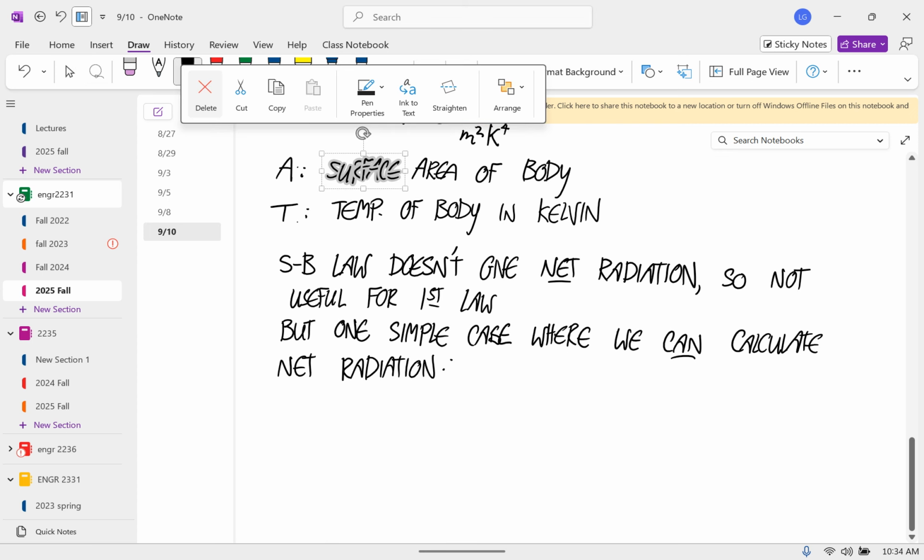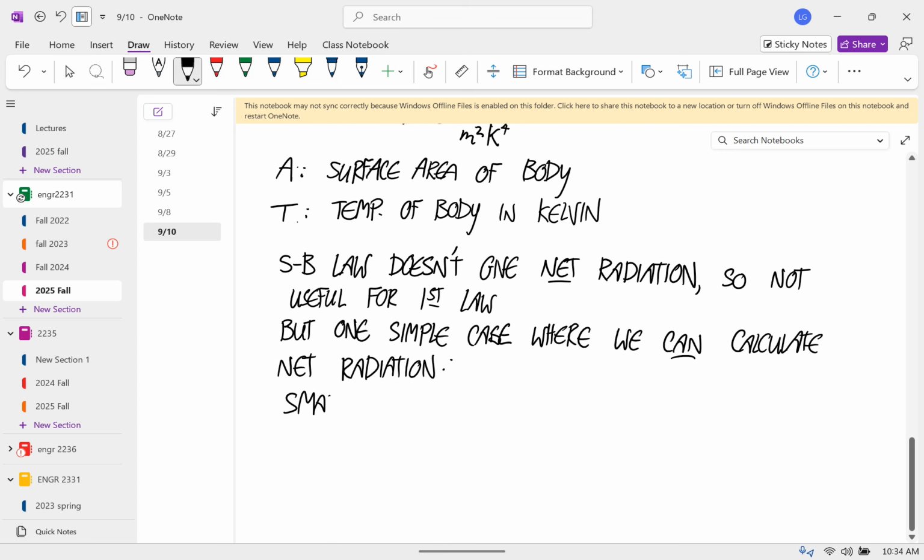And that is for a smaller body surrounded by a larger body.